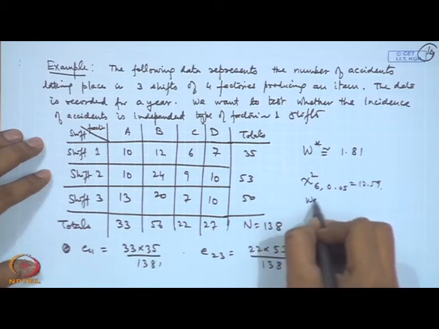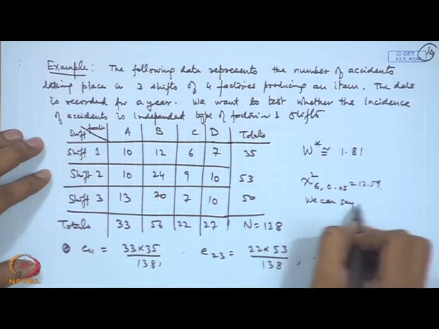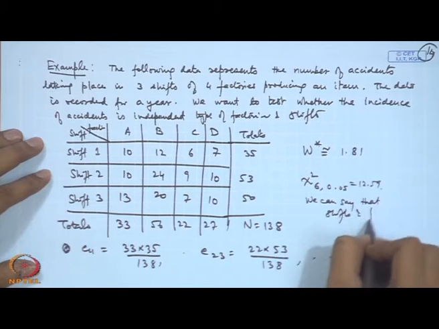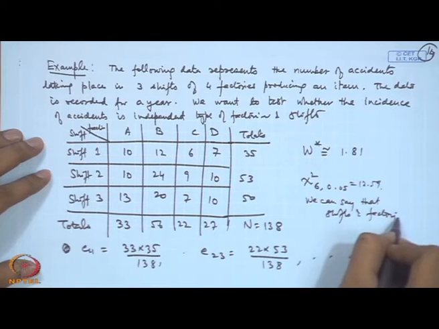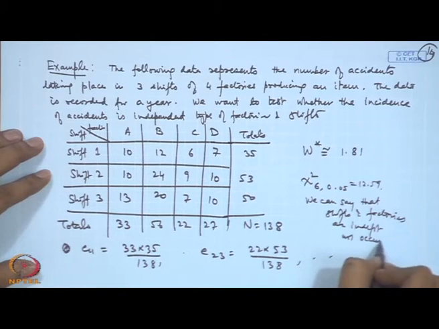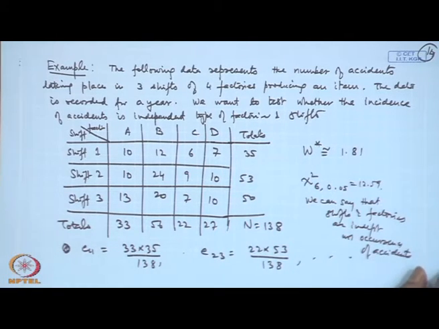So, we can say that shifts and factories are independent with respect to the occurrence of accidents. You can say that the incidence of accidents is homogeneous across the factories.